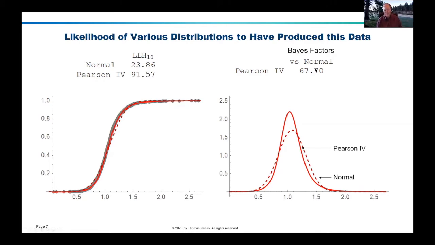Harry famously showed that you would have to reduce your probability of it being the normal distribution that was the source of the data by 67.7 orders of magnitude compared to the Pearson 4 distribution, which is an extraordinary finding and is published in his book.